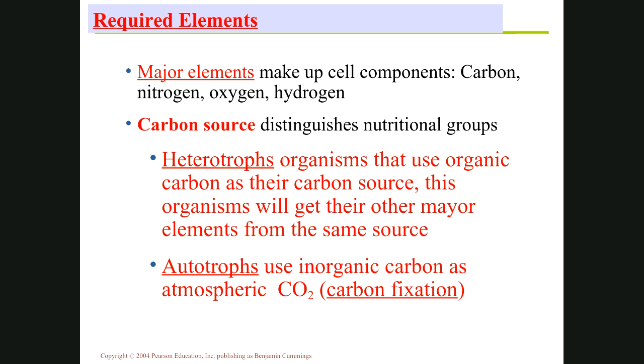There are two ways in which living things on this planet can obtain carbon. We can either eat the carbon from other organic compounds, or we can obtain the carbon from the environment by taking inorganic CO2 and making organic compounds from it.